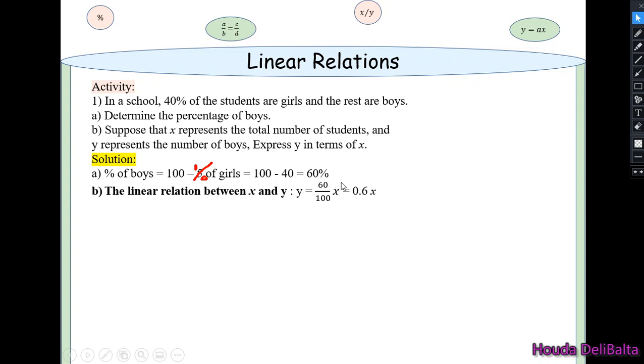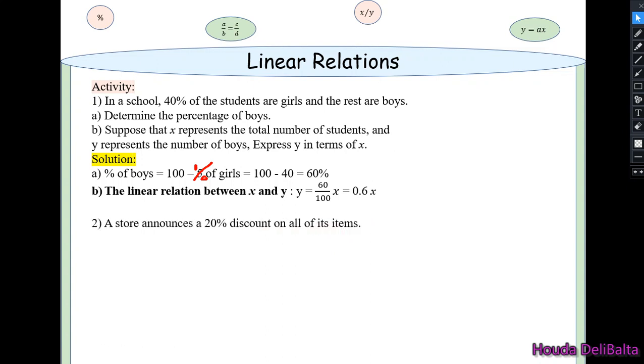So that's how to represent this: 60 divided by 100 out of the total number, which is X. Now 60 by 100 is 0.6, and thus Y is equal to 0.6X. That's the relation, a linear relation between Y and X.